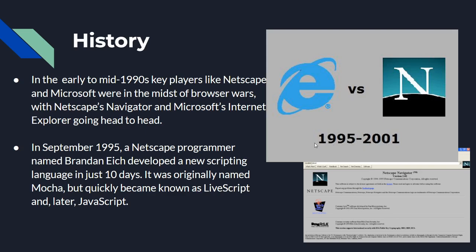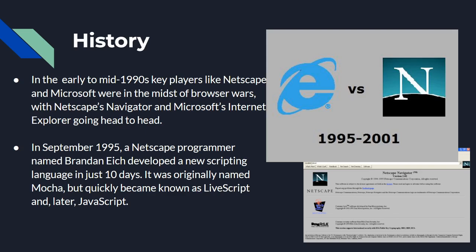I don't know. In September of 1995, a Netscape programmer by the name of Brendan Eich developed a new scripting language in just 10 days. He wanted to create a language that could bridge the gap.